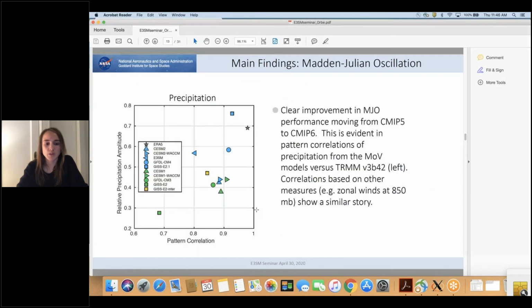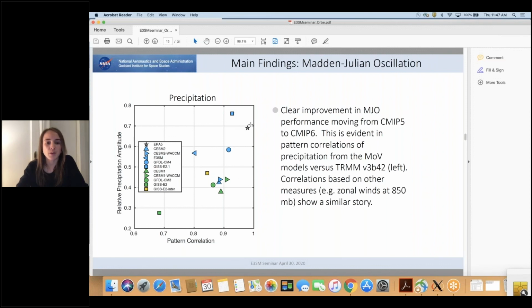And so just to show you that this is not just exclusive to those 2 models, what we're plotting right here is the relative precipitation amplitude and pattern correlation for all of the models considered in this analysis. And so generally, what we see is a progression from the CMIP5 versions of the models shown in the green to the CMIP6 versions of those models shown in the blue.